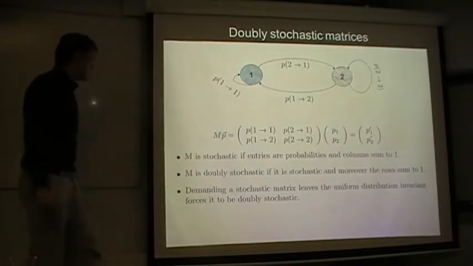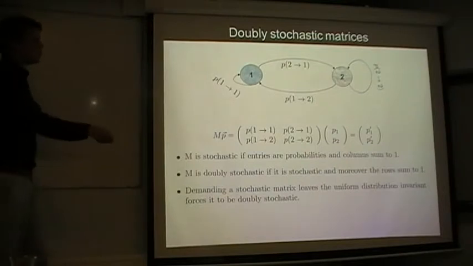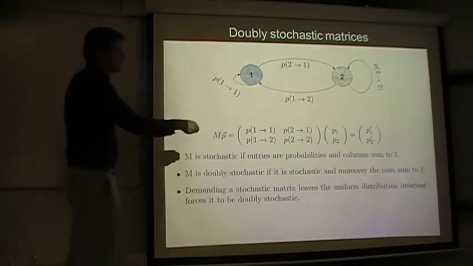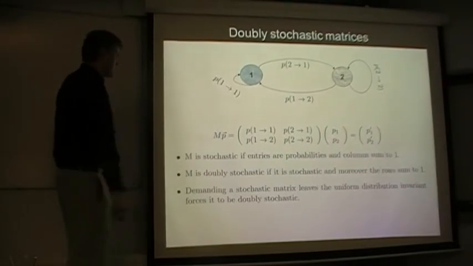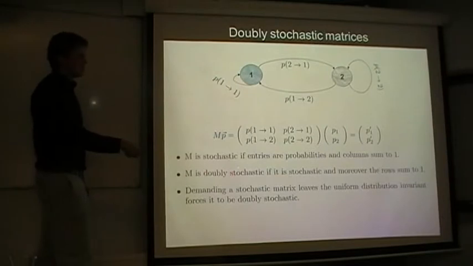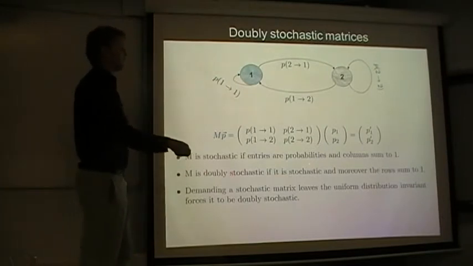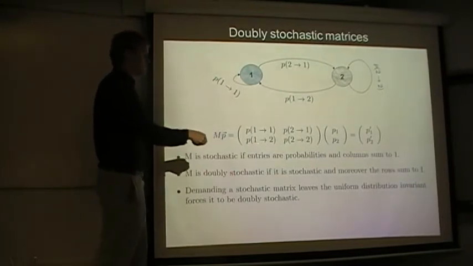Right? Okay, so now these matrices are stochastic if the entries in here are probabilities, so real numbers between 0 and 1, and the columns sum to 1. They are doubly stochastic if they are stochastic, and moreover the rows sum to 1.